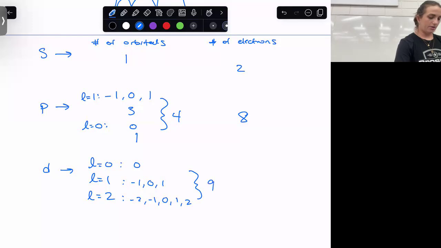Mm-hmm. 9 orbitals, 18 electrons. Right, because we count all of our options for M sub L. Questions on how we found that one?